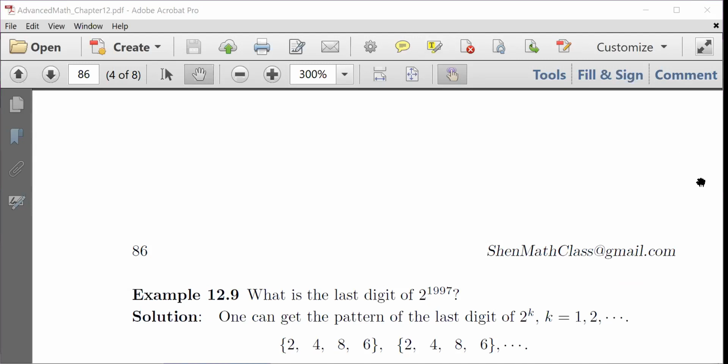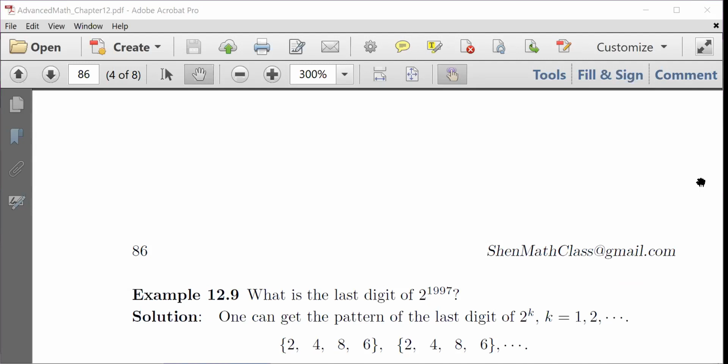So this pattern repeats. If you only write down the last digit, then 2 to the 5th will be 2 again, and 2 to the 6th is 4. So it's repeating. That's one block, a block of 4 numbers.